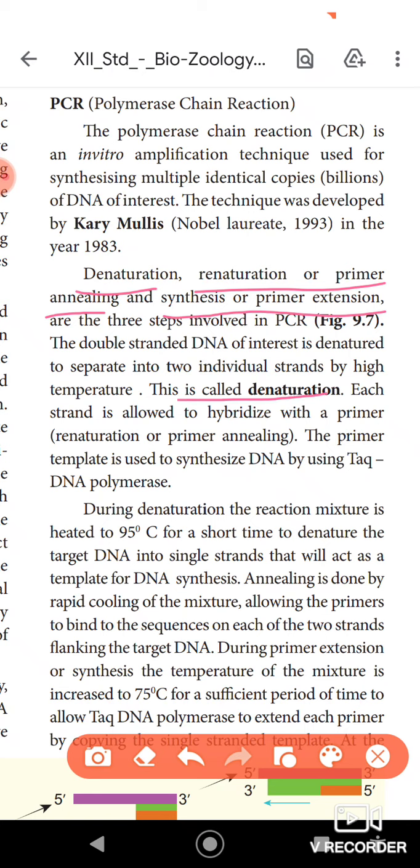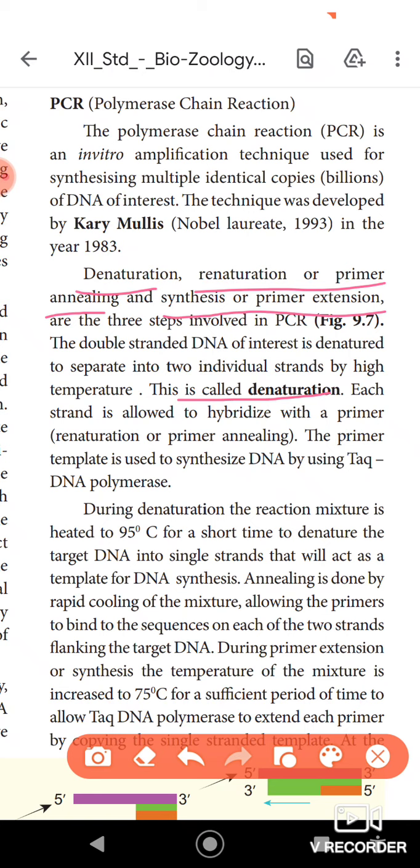In this denaturation, they are separating the double stranded DNA into single stranded DNA. ரெண்டு ஸ்டாண்ட் இருக்கக்கூடிய டிஎன்ஏவை என்ன மாற்றுறாங்க? சிங்கிள் ஸ்டாண்டாக மாற்றுறாங்க. That particular procedure only is called the denaturation. Understand?